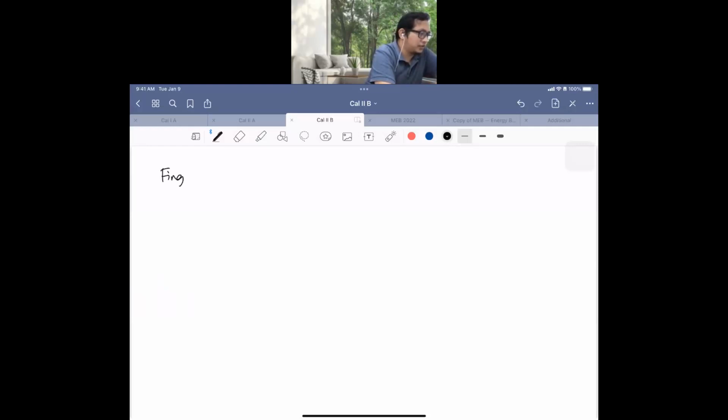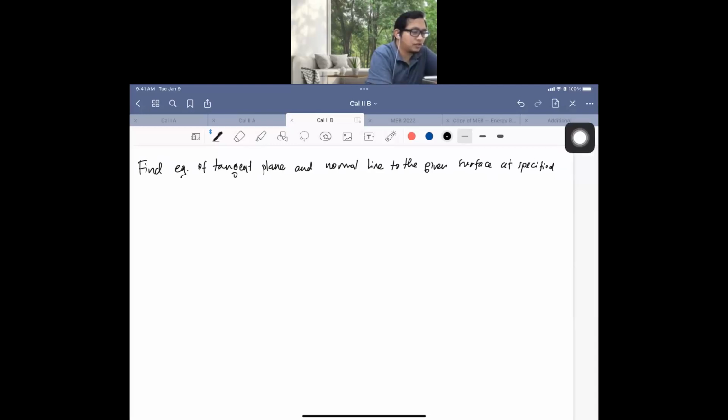Find equations of the tangent plane and normal line to the given surface at the specified point.